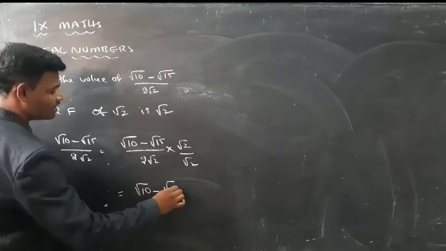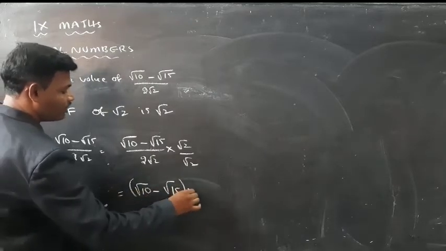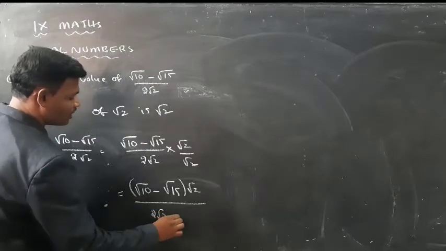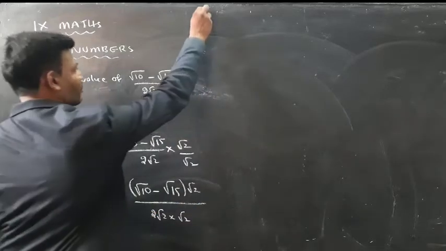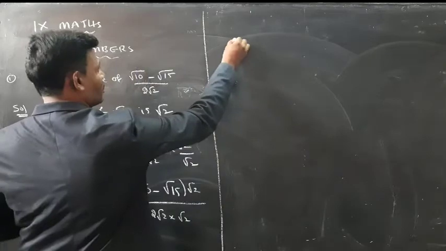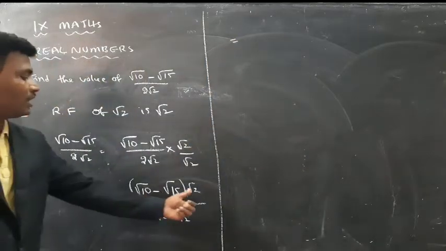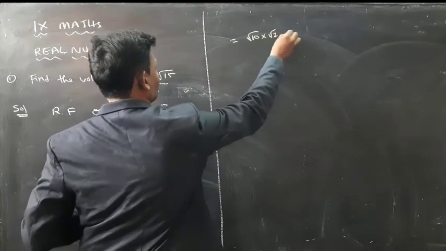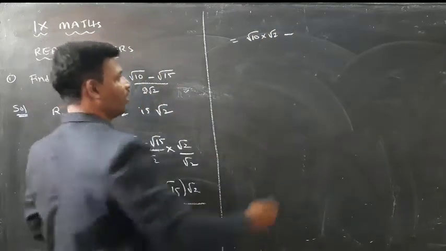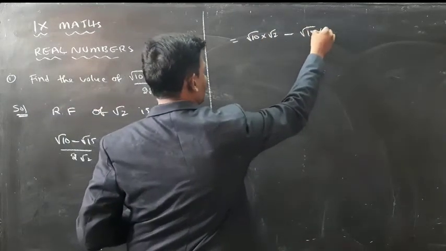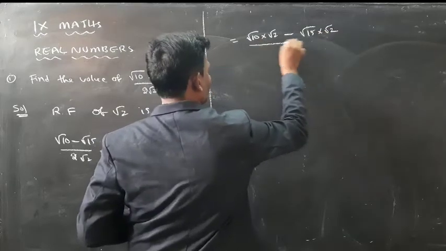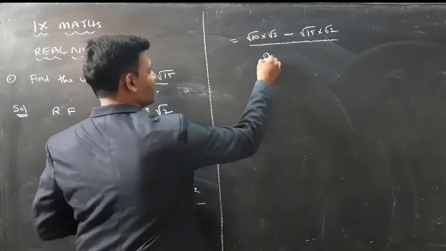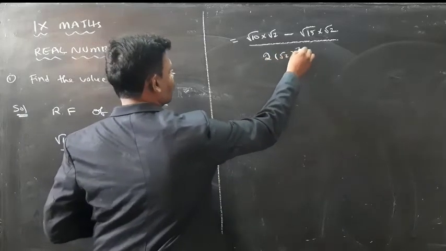(Root 10 minus root 15) into root 2, by 2 root 2 into root 2, is equal to root 10 into root 2 minus root 15 into root 2, by 2 into root 2 whole square.